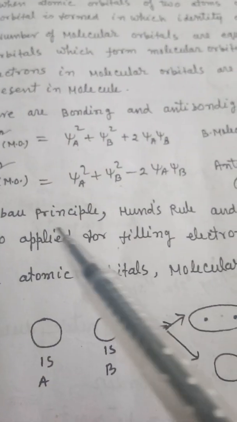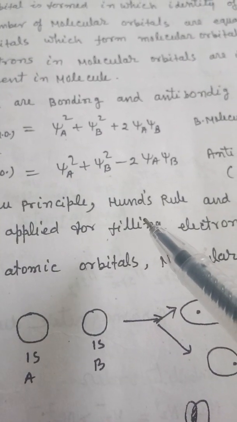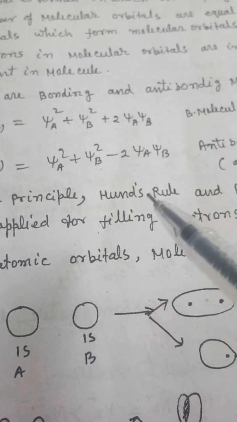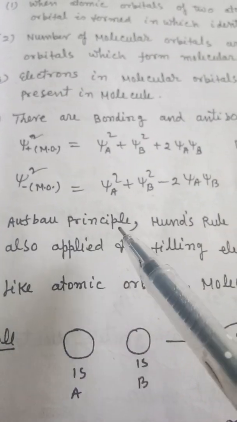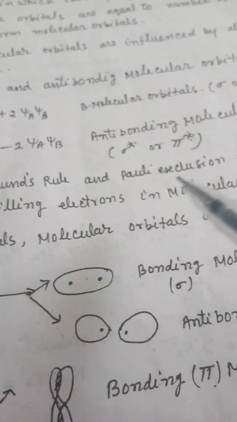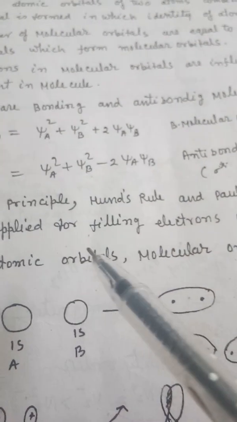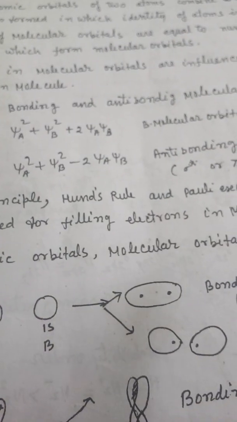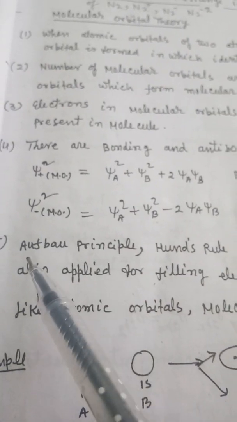Exactly all three principles are also obeyed by the electrons in molecular orbitals. So the Aufbau principle, Hund's rule and the Pauli exclusion principle are also obeyed when electrons are filled in different molecular orbitals.